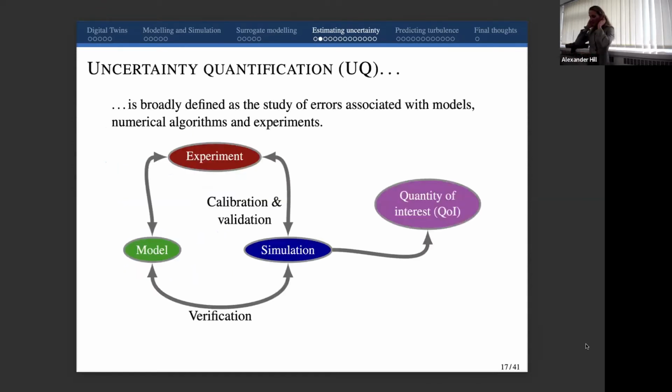So, estimating uncertainty. There's a lot of uncertainty. There are a lot of errors, whether we're talking about an experiment or we're talking about computer models. And we want to be able to quantify them, understand how these uncertainties affect our outputs, our predictions. So we want to move away from deterministic analysis and work in this probabilistic realm.